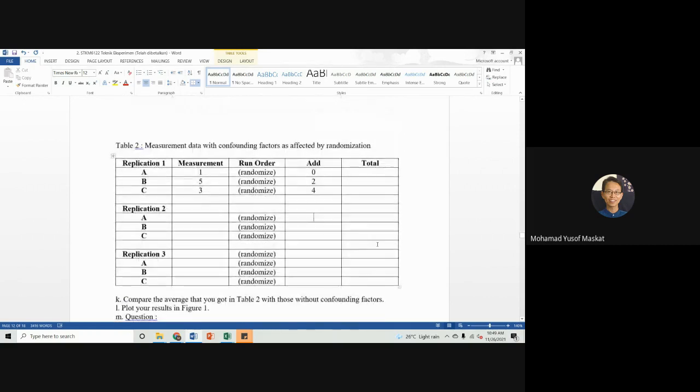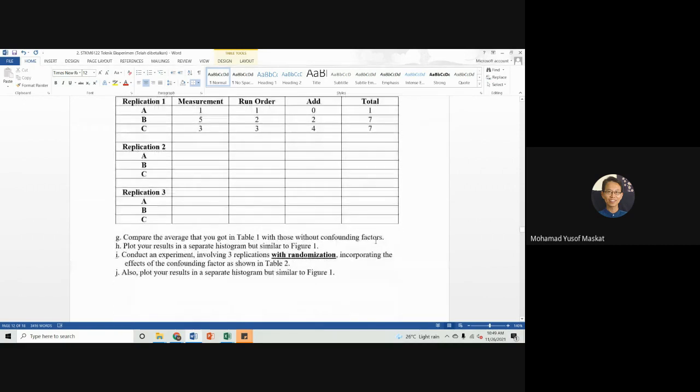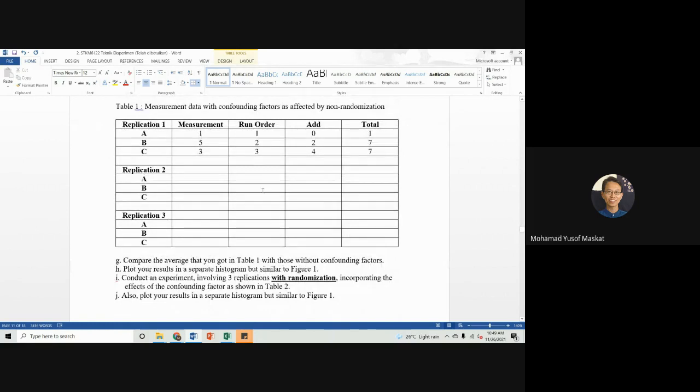Randomization means that if there is no randomization, the run order will always be 1, 2, and 3. So this is no randomization. But if there is randomization, you randomize this: write on a piece of paper and pick straws, cabut undi.